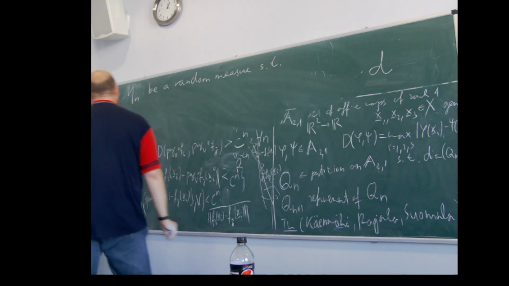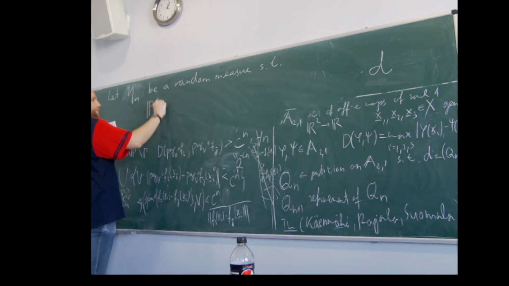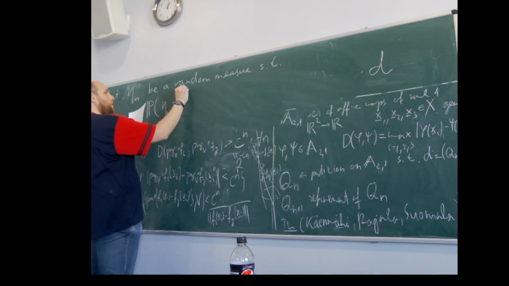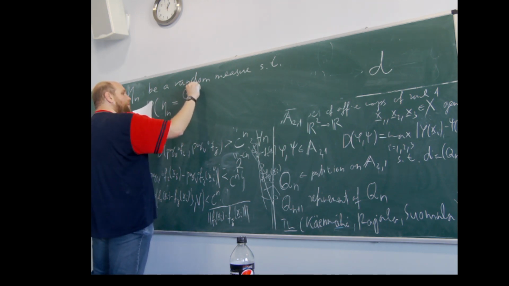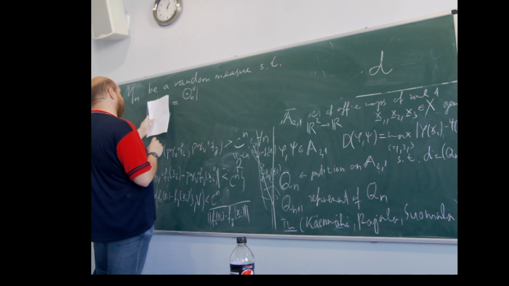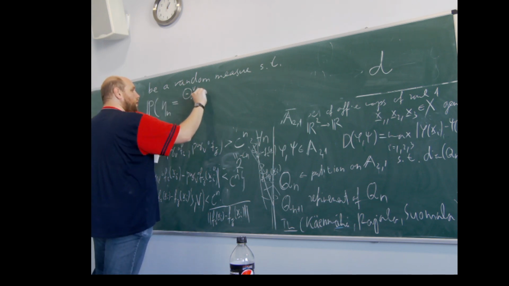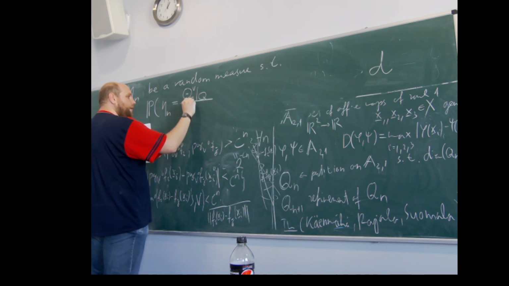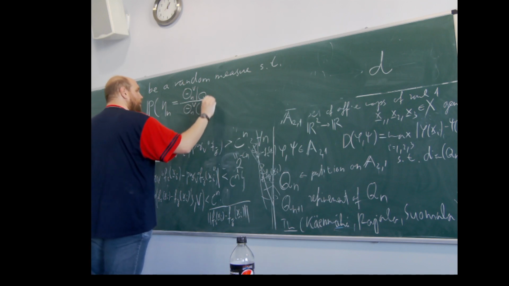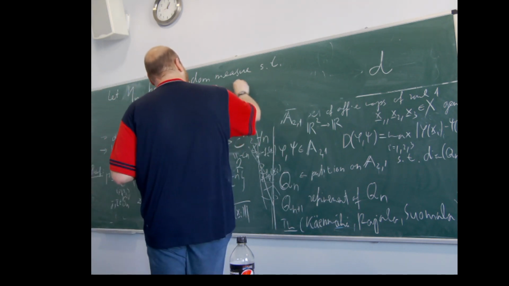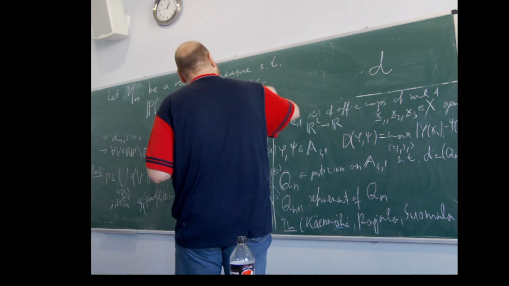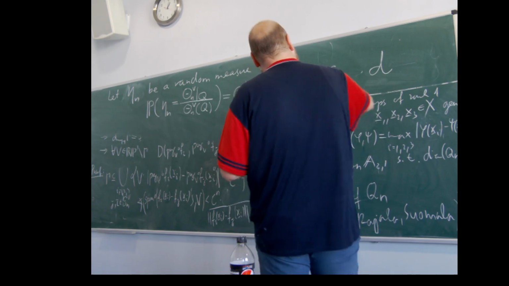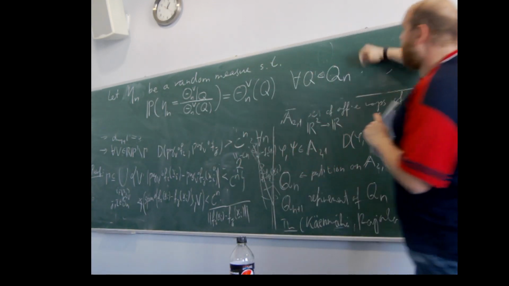Such that the probability that this eta_n exactly corresponds to this theta_n measure's restriction to a Q element and normalized back, is exactly the theta_n measure of this Q, for every Q coming from this Q_n partition.